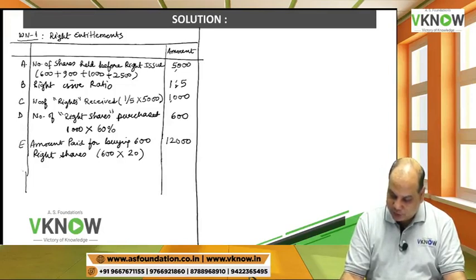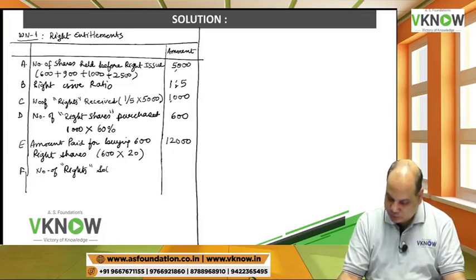Point number F, write down. Number of rights sold will be 1000 into 40%, which is 400.